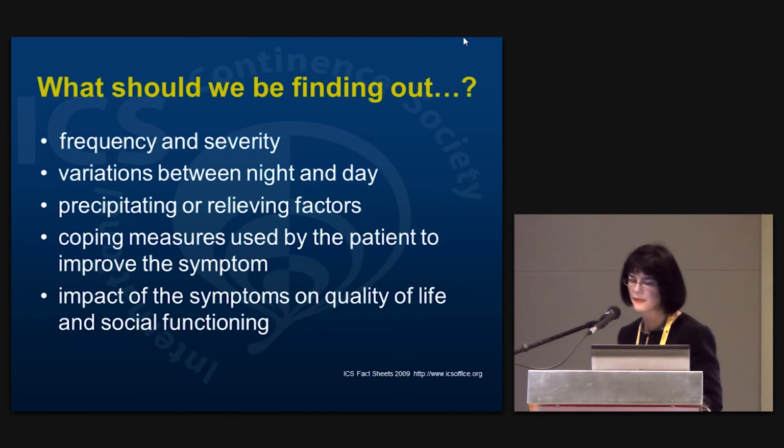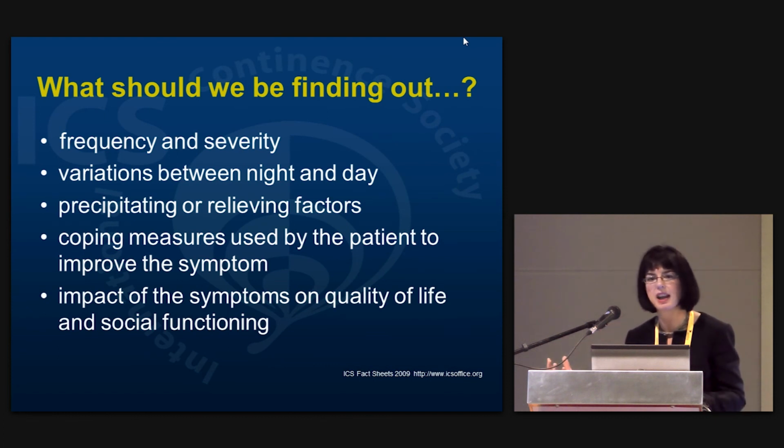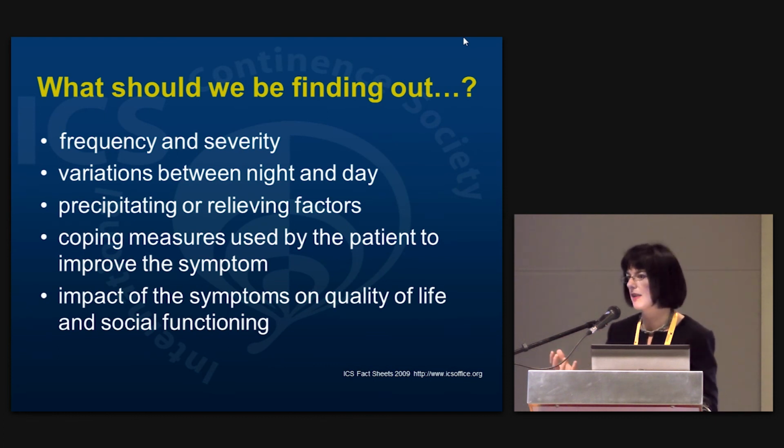So what should we be finding out? Well, how often the problem occurs, the severity, the variations between night and day, what can make it better, what sets it off, coping measures and the impacts on symptoms, the quality of life. And there are a host of validated questionnaires recommended by ICS that we can use in our clinical practice and also our research practice as well.